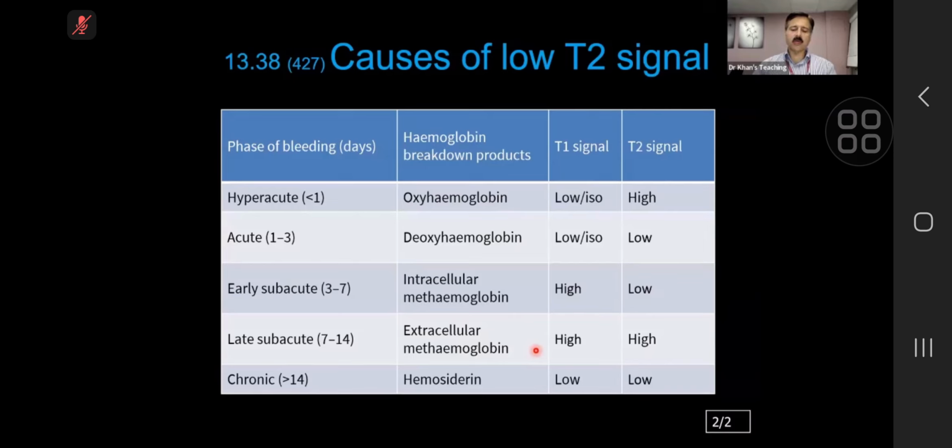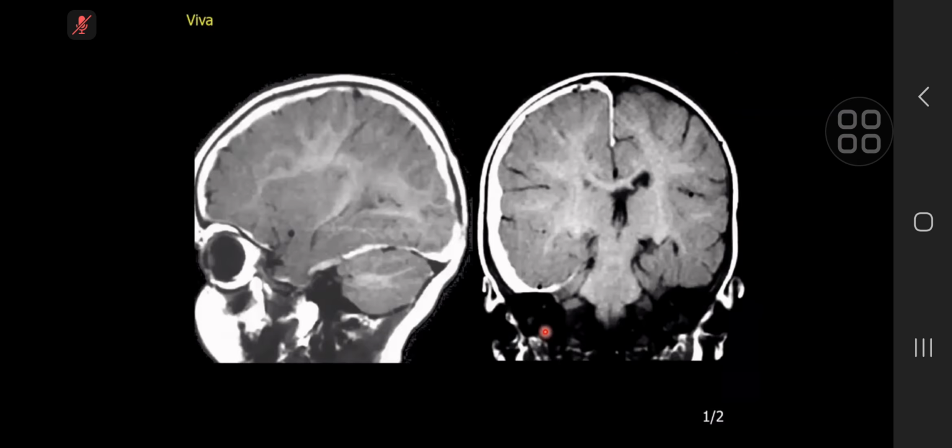So if a hematoma has got a chronic component, and with that there is a subacute component, you will say that there is a chronic hematoma with a portion which is subacute. And another thing which I have already pointed out, take home point, is that subacute hematoma is the only type of hematoma which is bright on T1 weighted sequence.